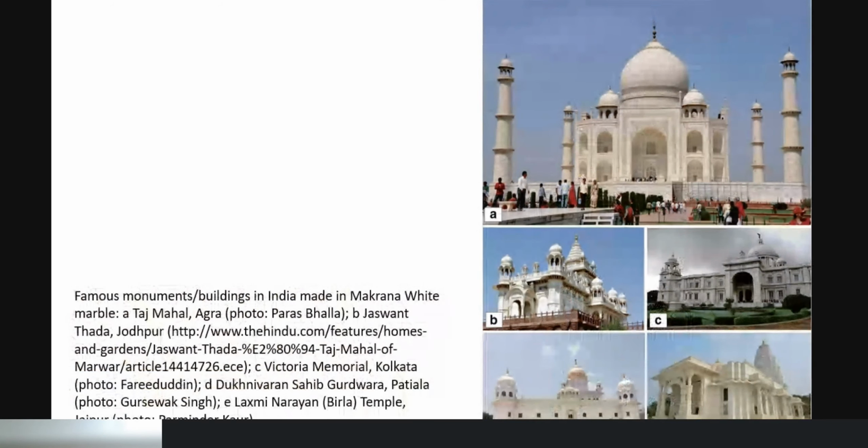These are architectural sites which have used Makrana marble as a source material for their construction, like the Taj Mahal, Jaswant Thada in Jodhpur, the Victoria Memorial in Kolkata, Gurdwara Sahib in Patiala, and even the Lakshmi Narayan Birla Temple, which was built recently.